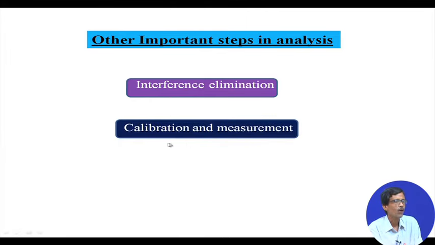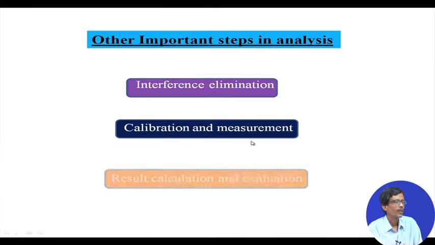Then we can go for calibration for a particular type of measurement. Calibration and measurement go side by side, where a particular technique can be calibrated. That means we can take a known sample of manganese, a known sample of pyrolusite, which can be a certified sample, and analyze it by this technique, and the concentration can be tagged to the unknown sample we are measuring.